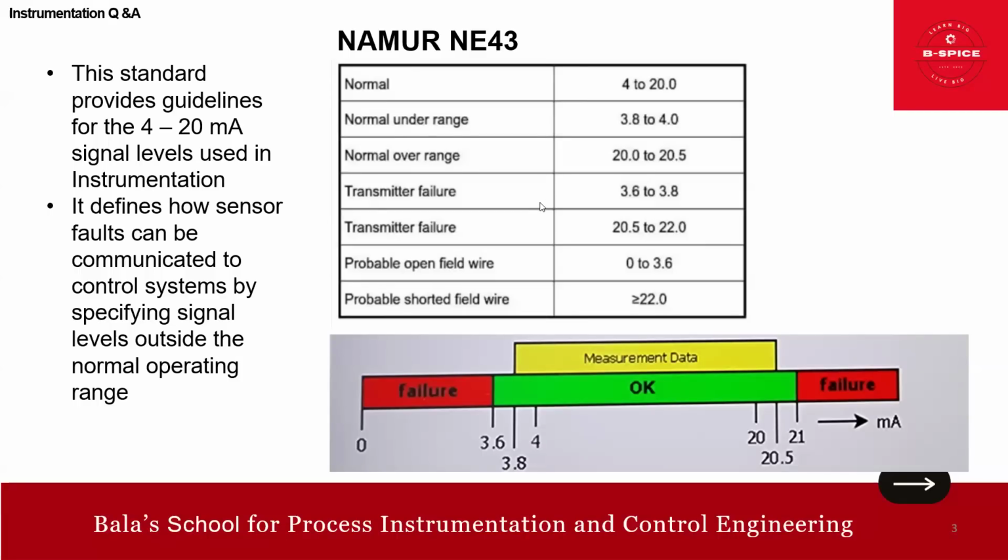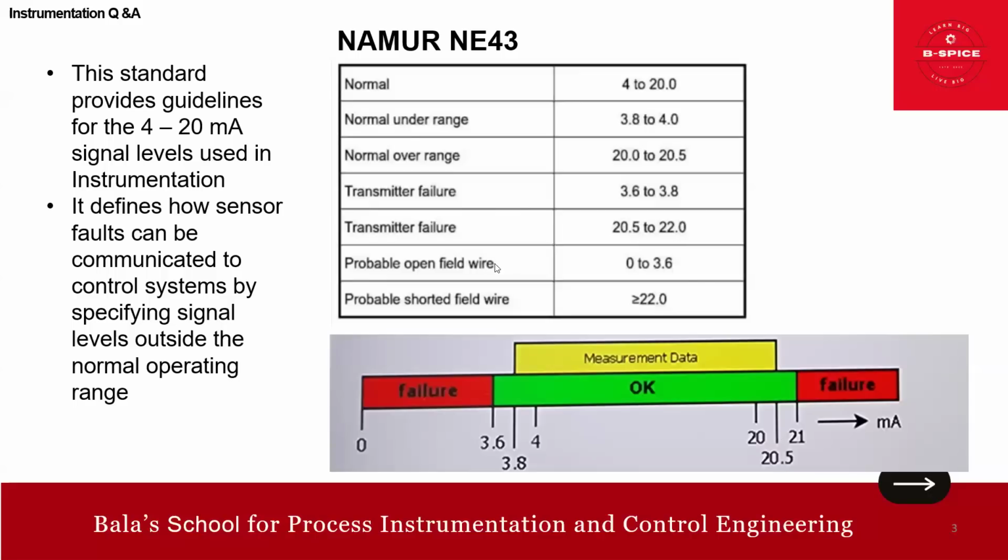Now the climax, transmitter failure. If your milliamps is from 3.6 to 3.8, that means your transmitter is out. Similarly, if your milliamps is 20.5 to 22, your transmitter is out. Right, friends? You got it?